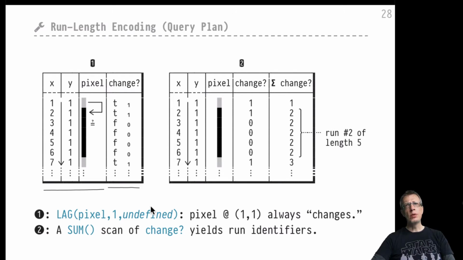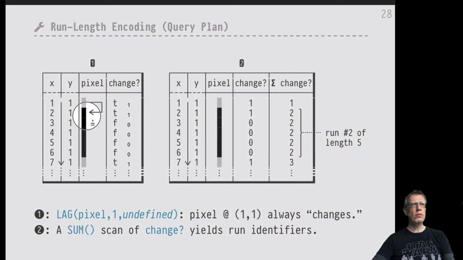of whether the pixel color has changed when we perform this row-wise linearized walk through the entire picture. Okay, so let's look at this second entry here in the original table. If we look at its previous pixel, then indeed the color has changed from white to black at this particular point. To document that, we would record this true value here.